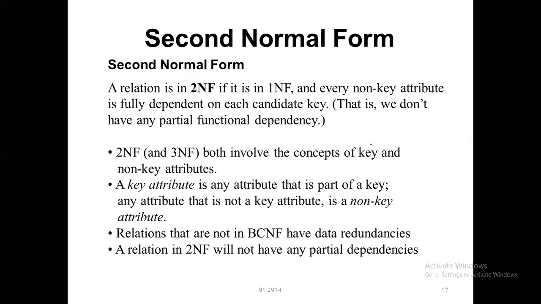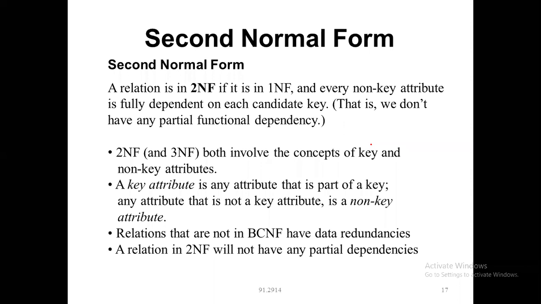You make it into first normal form, and only after that do you proceed. For example, if I ask you to write the assignments, that is your duty. But if you want me to verify or correct them, it should have spiral binding. Without spiral binding, I will not take it. In a similar fashion, without first normal form, you cannot move to the second normal form.